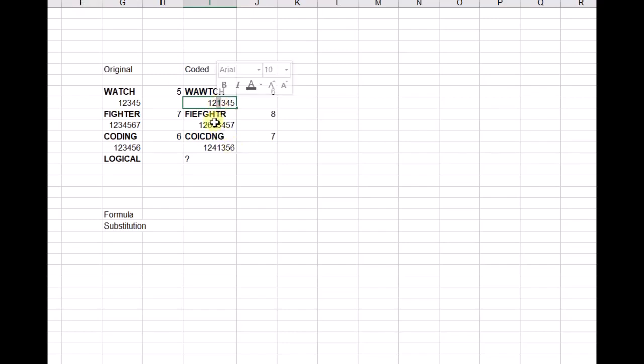Similarly, if you assume this should contain 8 characters, then it should start with L, O, and somewhere it should have L again. But we don't know whether 1 or 2 characters might be present in between, and the remaining characters will be present afterwards.